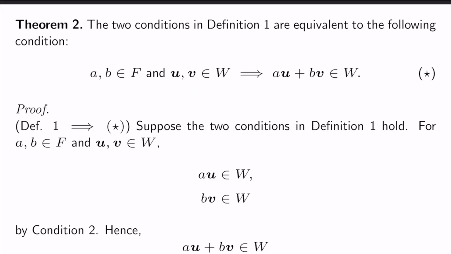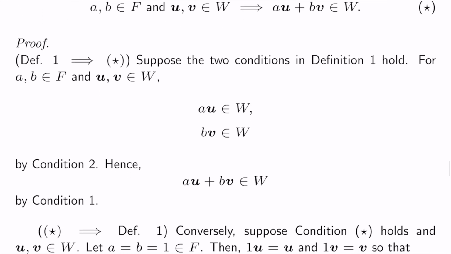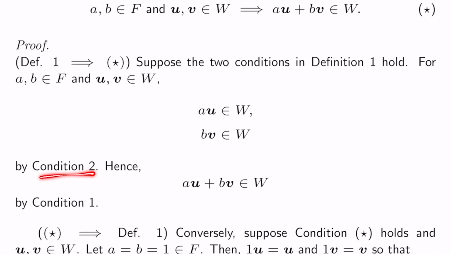Since the two conditions in definition 1 hold, for any A, B in the field F and any U, V in the subset W, the scalar multiplication is within the subset W. So AU belongs to W, and BV belongs to W by condition 2. And by condition 1, their sum also belongs to the subset W.